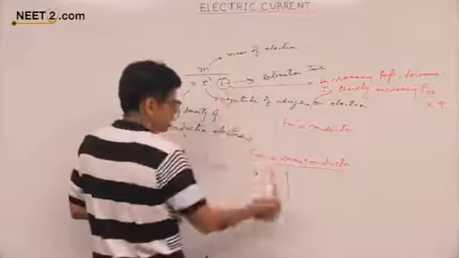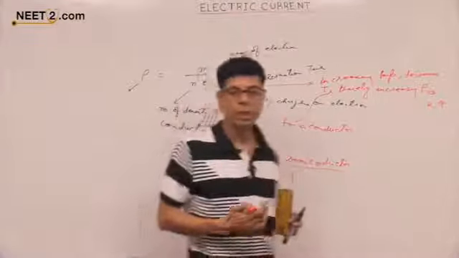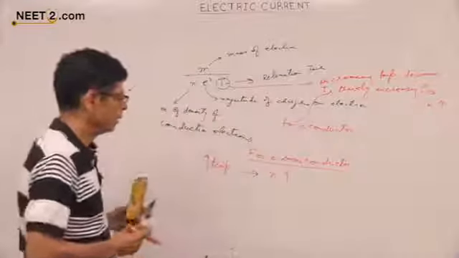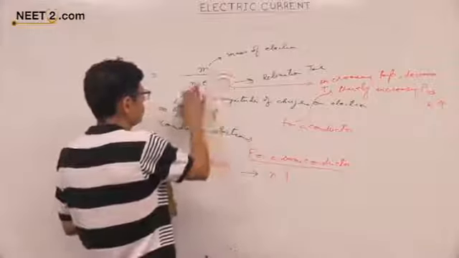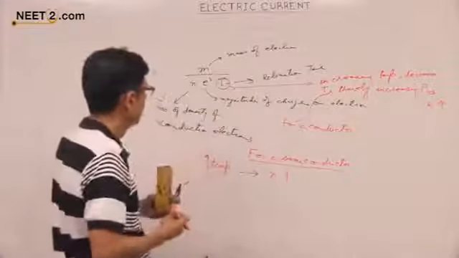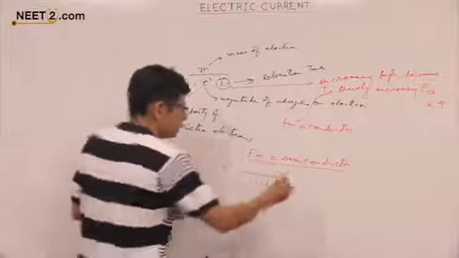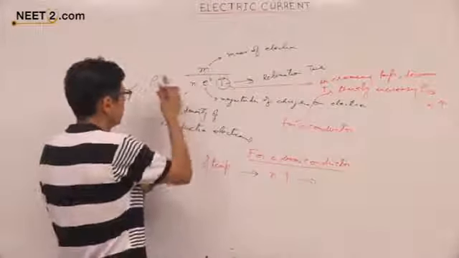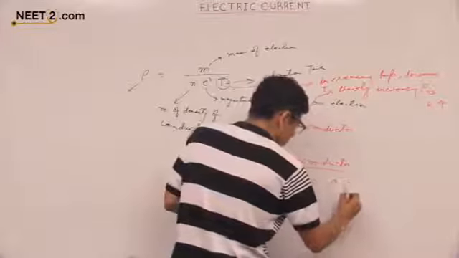And so as they clear the energy gap, there are more conduction electrons in the conduction band, as well as more holes in the valence band. So this doubly goes to increase N, the number density. Now as N increases, others remaining more or less the same, the rho decreases.